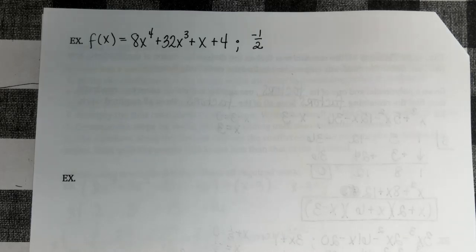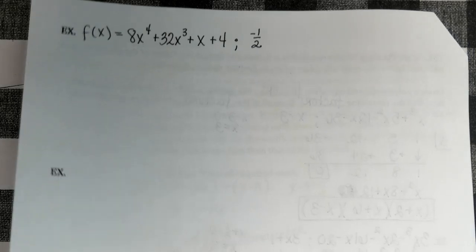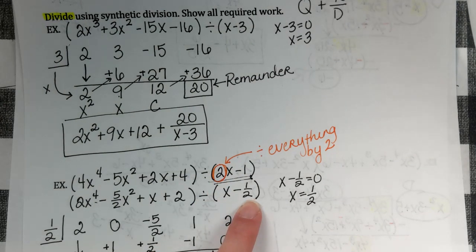What did I have to do to get a negative 1/2? I had a coefficient greater than 1 for me to have a fraction, right? Because when we were doing it with the divisor and you had a coefficient greater, you had to divide it, and that's how you get a fraction here.